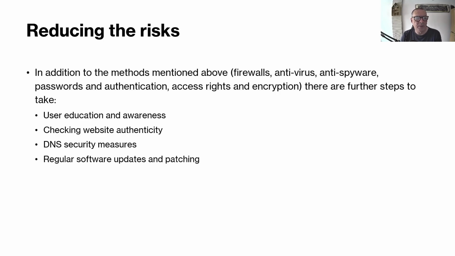Users can check website authenticity, i.e. check that it is the real website, being careful about checking URLs and checking certificates for websites. You can put in DNS security measures to help prevent pharming, and you need to be doing regular software updates and patching.